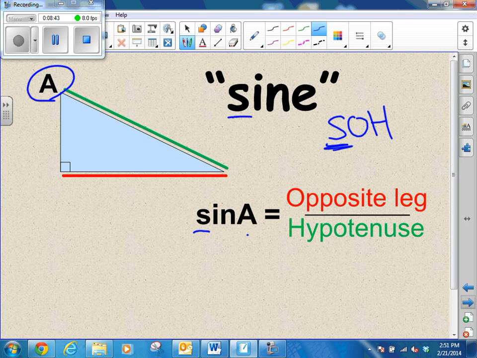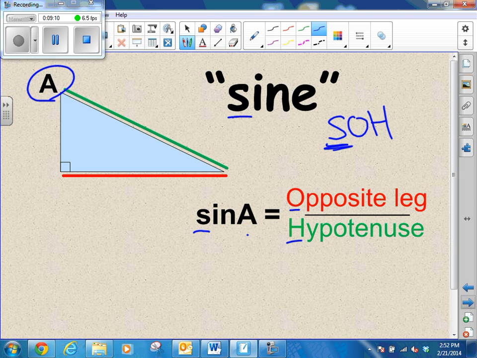That's where the SO comes from. Sine is opposite over hypotenuse. You have to remember that, because we'll later get inverses. So we actually use what's called cosecant, and that's hypotenuse over opposite. So we don't want to switch those. We want to remember that sine is opposite over hypotenuse.